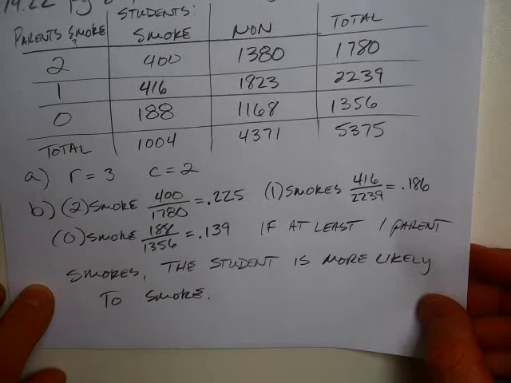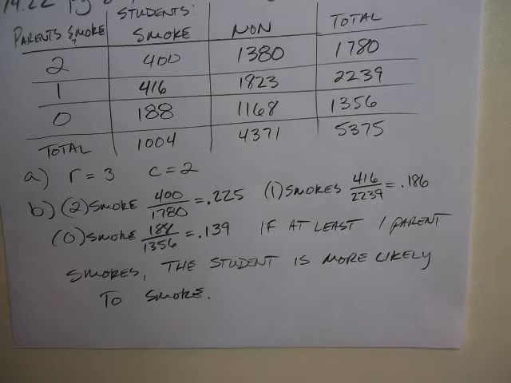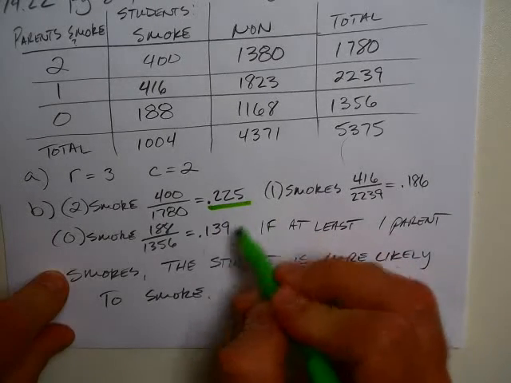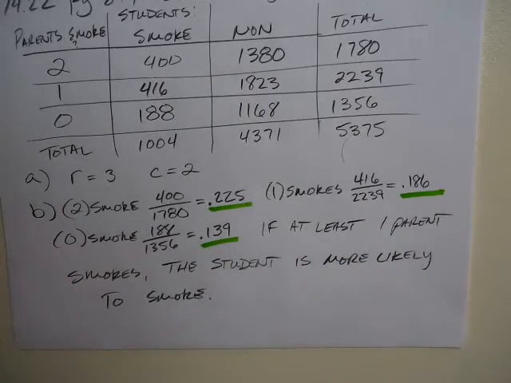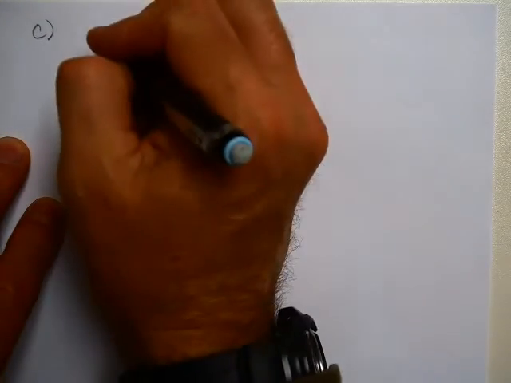All right. So then they want us to graph the data. So what I'm going to be graphing are these values. Keeping those in mind, I'm going to go to a graph for C. And it's categorical, so I'm going to make a bar graph.